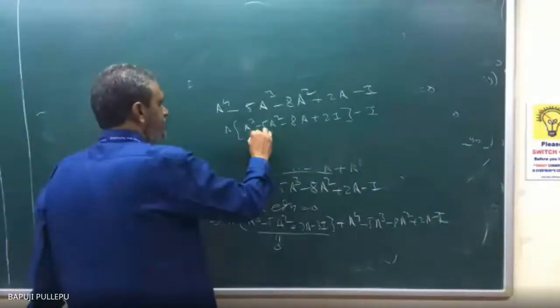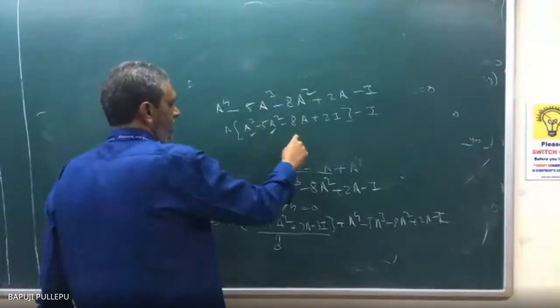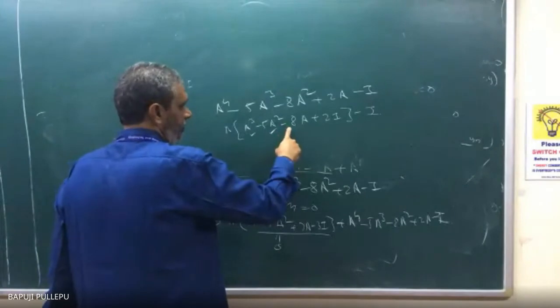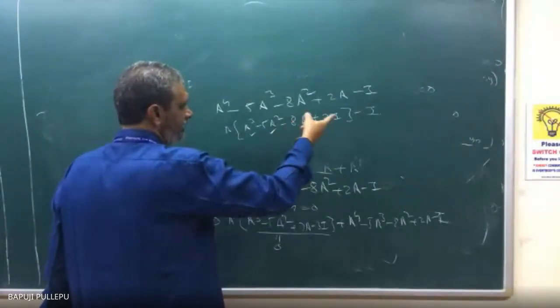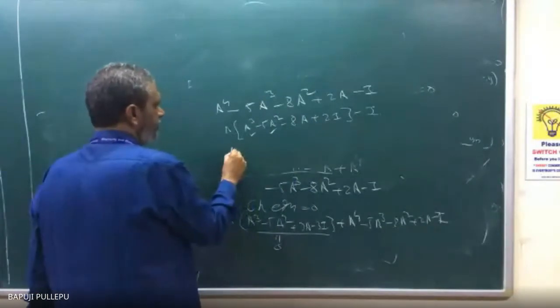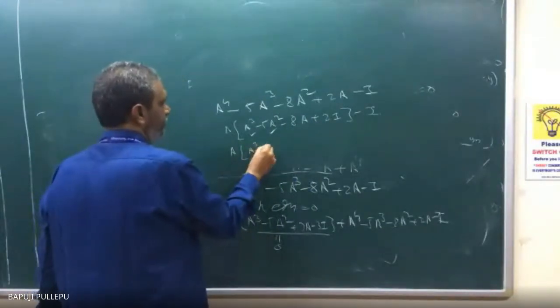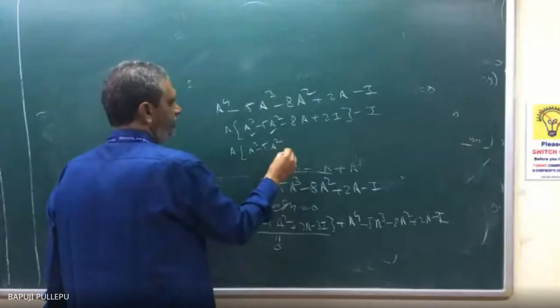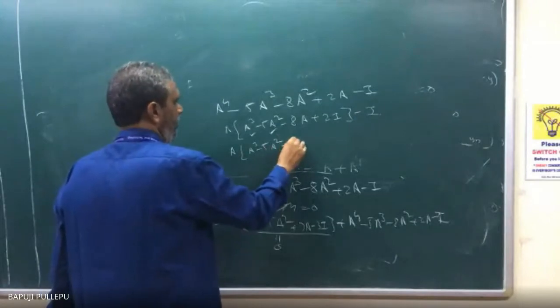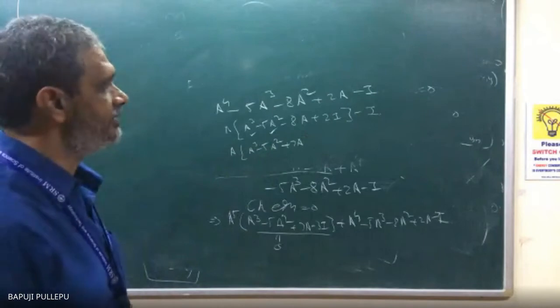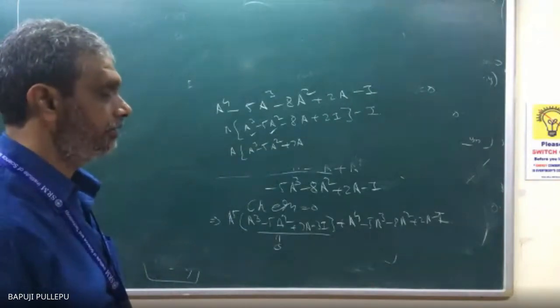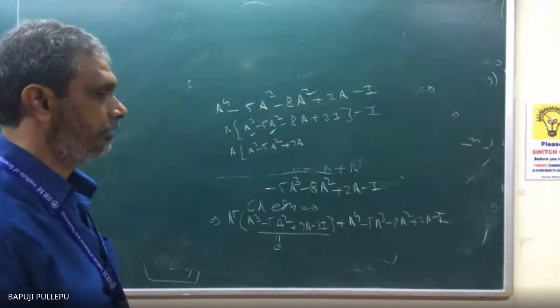This is okay, but I need 7A, but minus 8A is there. So take plus 7A minus 7A. Minus 7A minus 8A, how much, sir? Minus 15A.